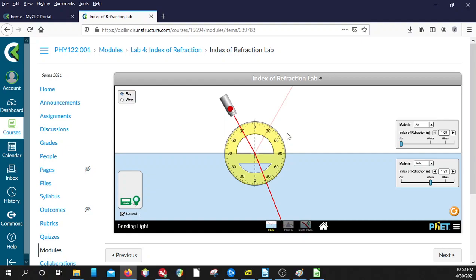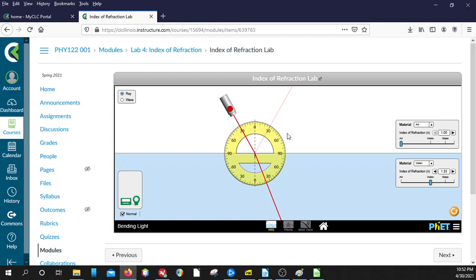So you could use that one point of data to find the index of refraction. For air, you just have an index of 1. So we have sine of 30 degrees equals the index of refraction of water times the sine of 22 degrees, and then just divide, and that gives you your index of refraction.